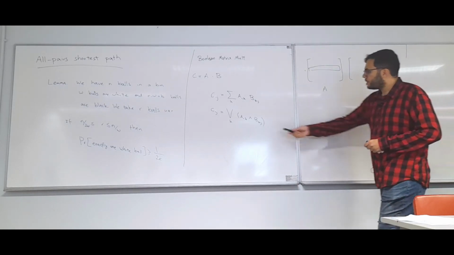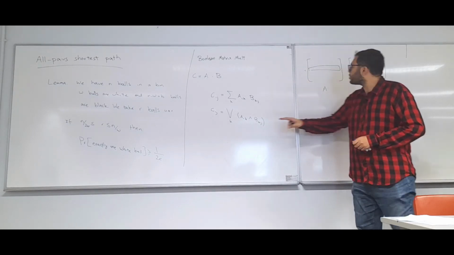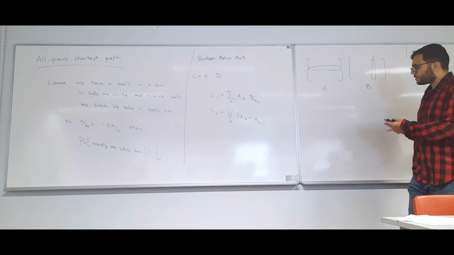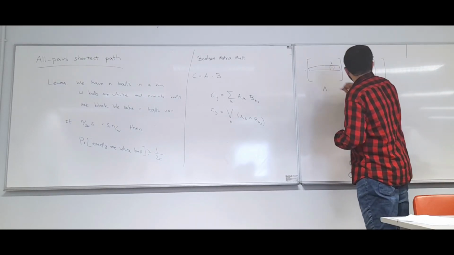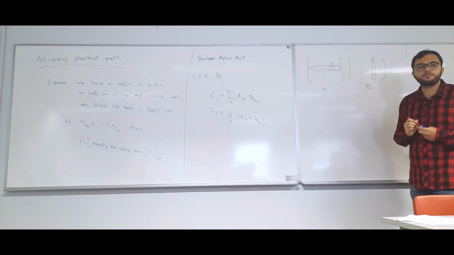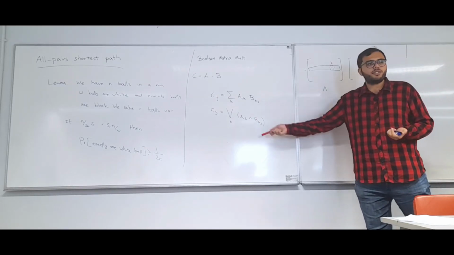I'm just going over them and seeing if there is an index K so that I have a 1 here and also a 1 here. So I want a 1 here at index K, and I also want a 1 here at index K. If I have a situation like this, then Cij would be 1. Otherwise, Cij would be 0.